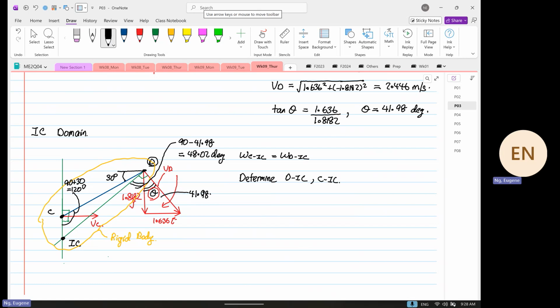So the angle over here will be equal to 90 minus 30 minus 41.98, which is equal to 18.02 degrees. Okay.